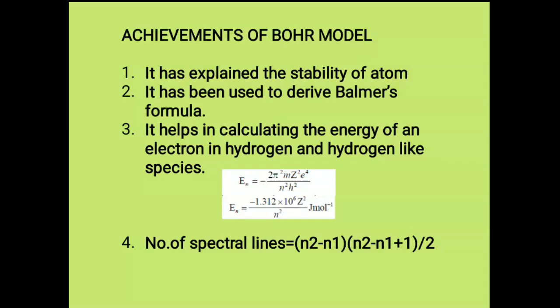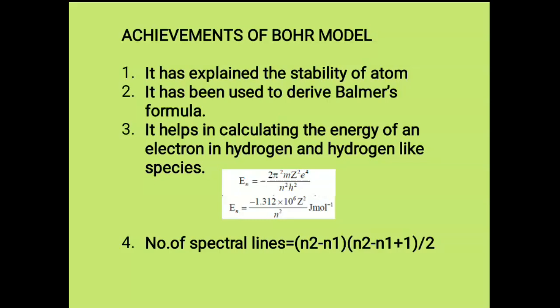Number 3, it helps in calculating the energy of electron in hydrogen and hydrogen-like species, that is En is equal to minus 1312 into Z square upon N square kilojoules per mole, or minus 1.312 into 10 raised to power 6 Z square upon N square joules per mole.